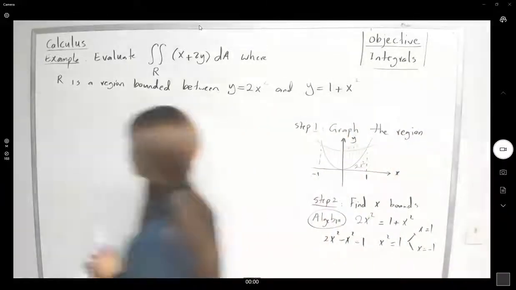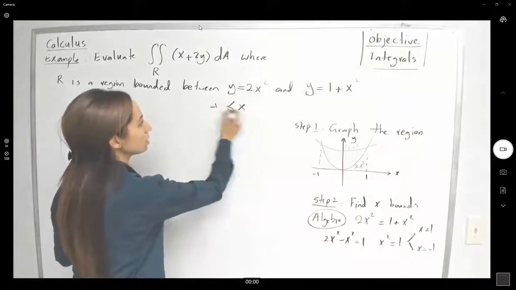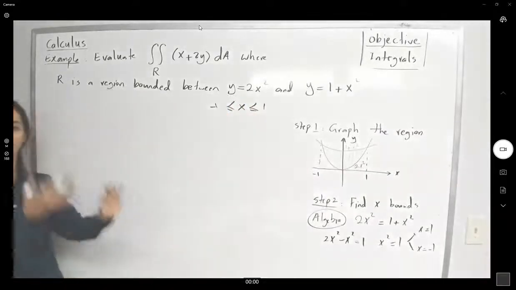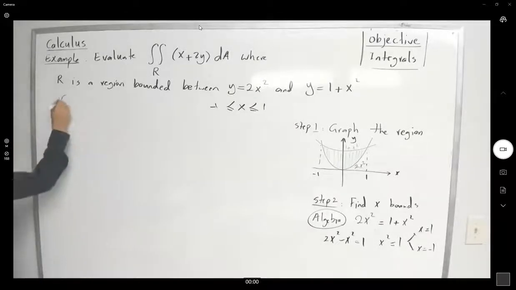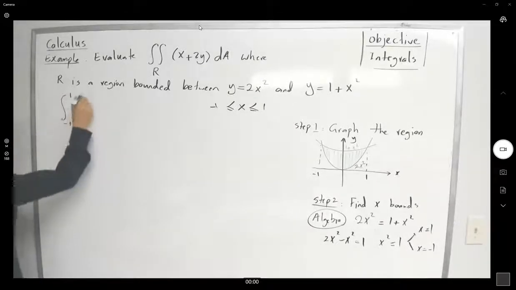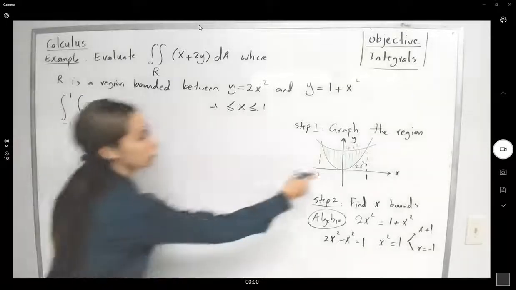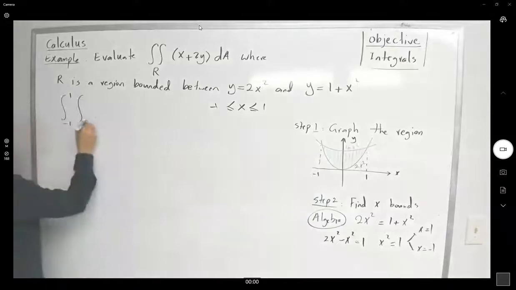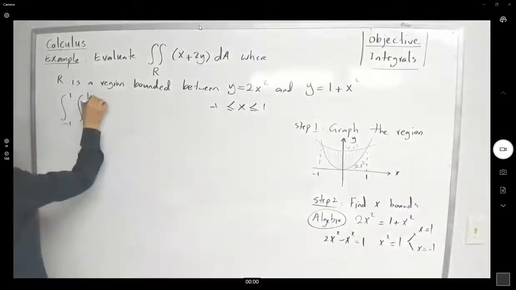Well, let's set this up. Since x is bounded between 1 and -1, it means that x goes outside the integral. So we have the integral -1 to 1, the integral with respect to y, the lower bound is 2x squared, the upper function is 1 plus x squared.